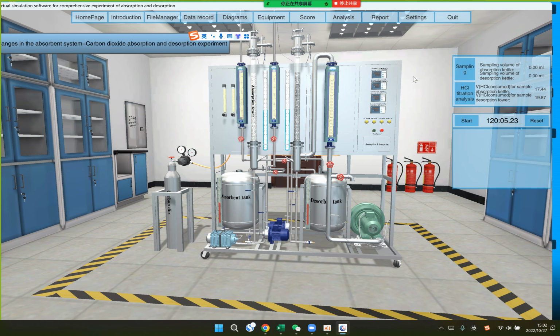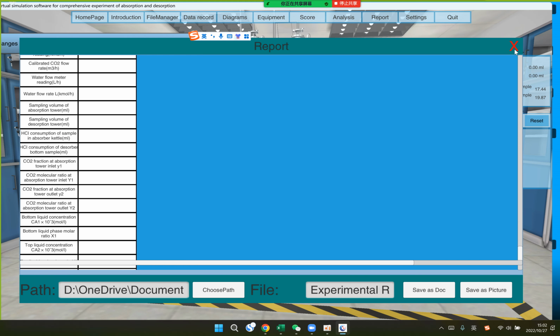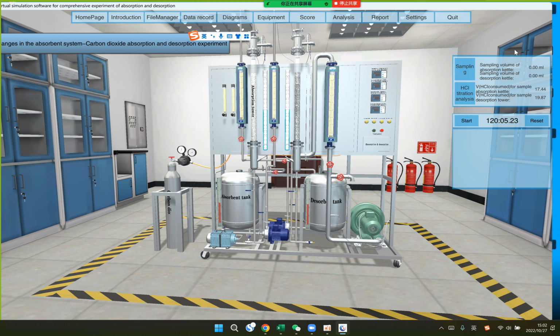Then to generate a report, as I said earlier, combine both reports together to create a new report for the absorption experiment. Then quit.